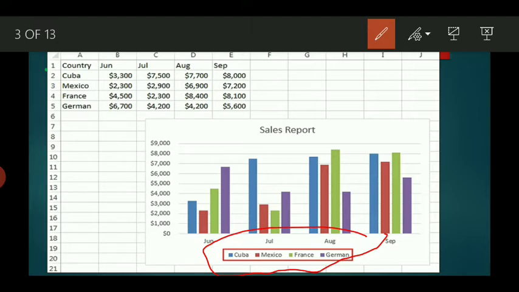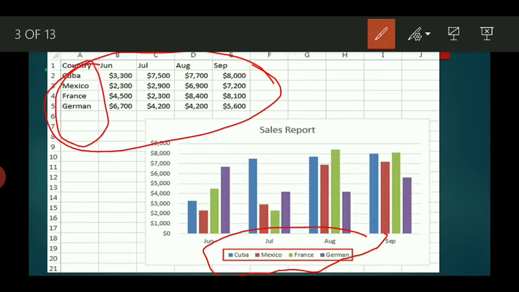Now you can see there are different countries, and these country names are plotted in different colors. Here blue color is for Cuba, maroon color is for Mexico, green color is for France, and violet color is for Germany.